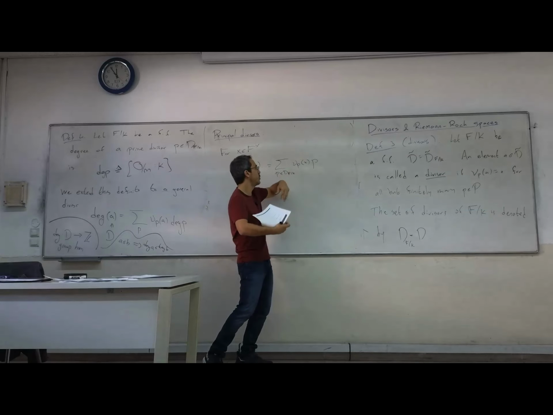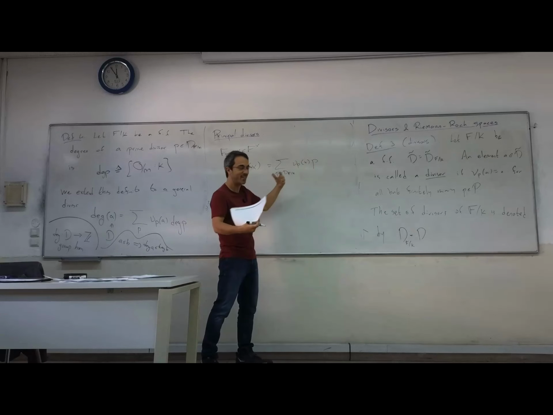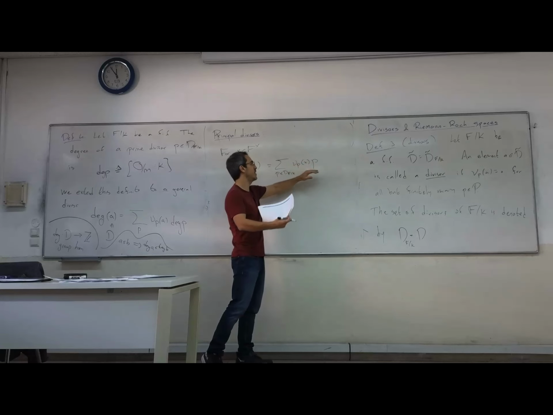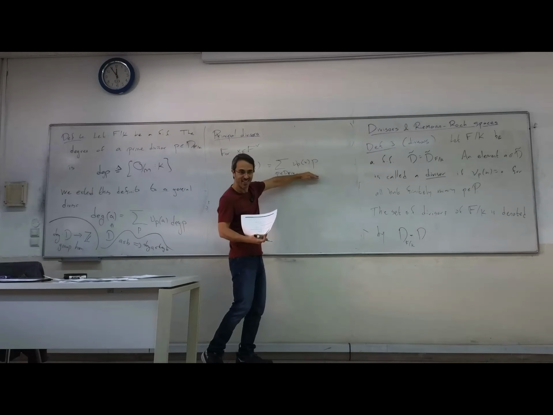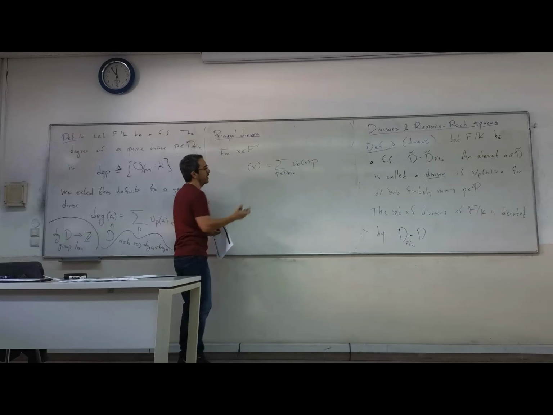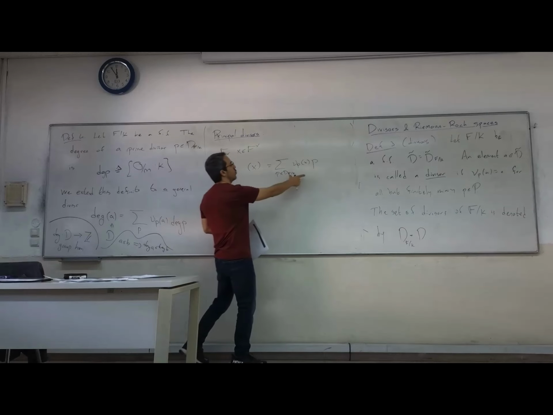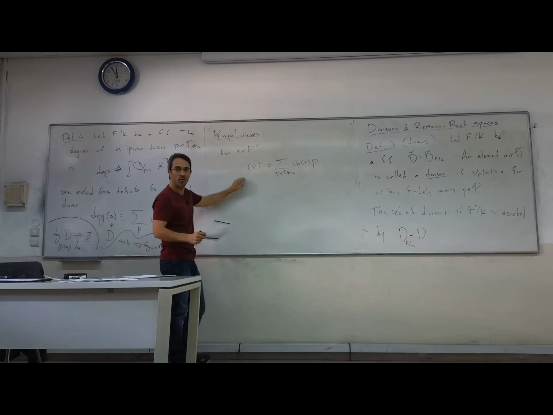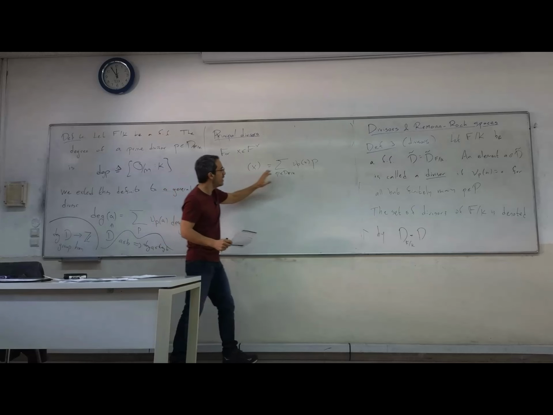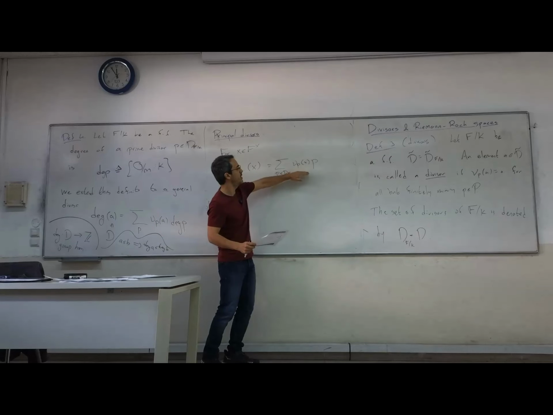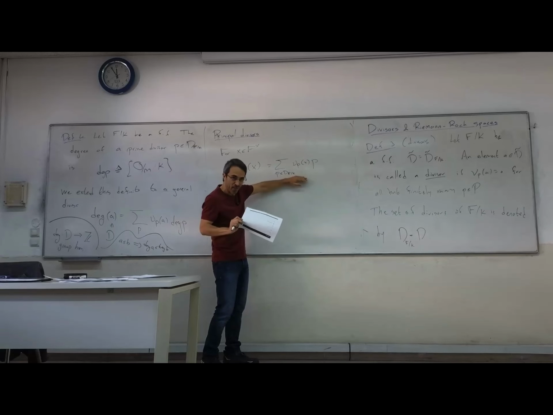It's not something that you should make sure coincides with what you know, because that's how we define it. It's just a way to encode all the information you want about x in terms of zeros and poles.